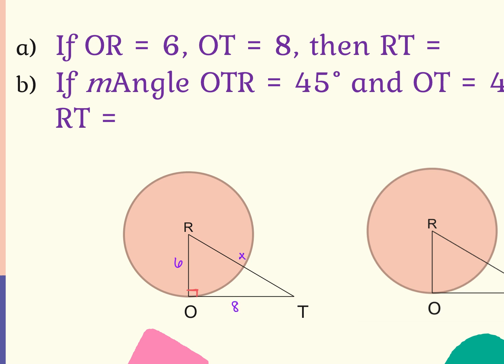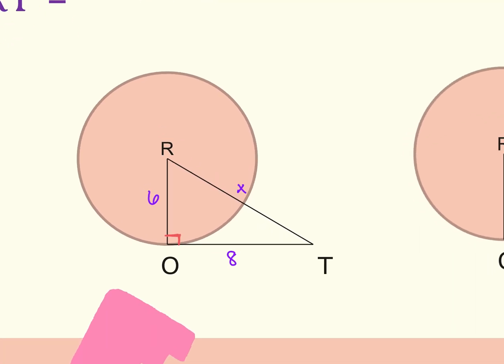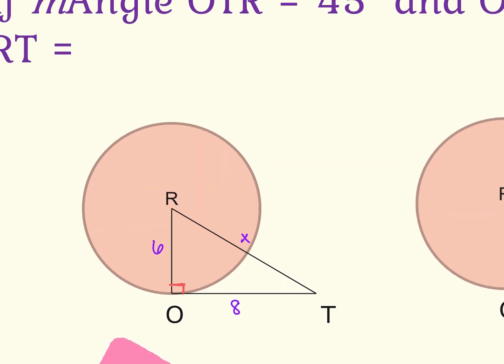How would I solve for RT? What am I going to use? I'm going to use my Pythagorean theorem. So I have a right triangle. They're giving me two sides, and I have to solve for my hypotenuse. So I'm going to have 6 squared plus 8 squared equals x squared.